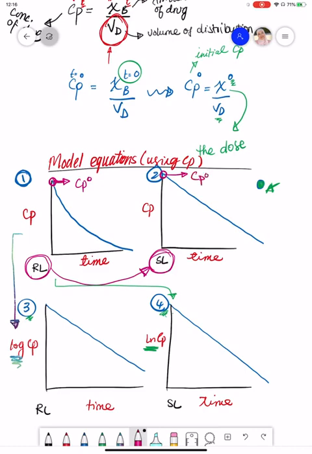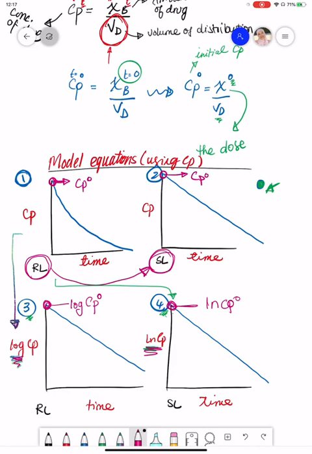For the log transformation, the only difference is that the y-intercept is log CB naught rather than just CB naught because it's in log terms. And here it will be ln CB naught because the y-axis is in ln terms.